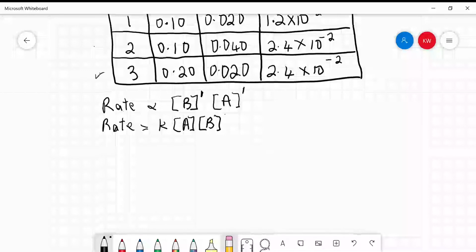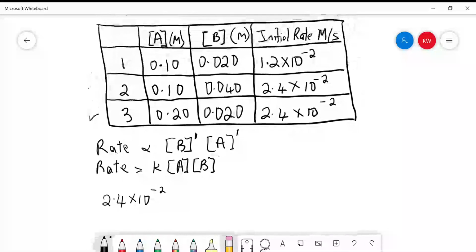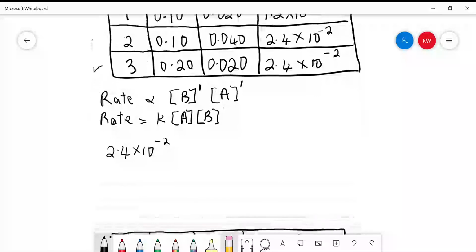So we can tell that from this, the rate, which is 2.4 times 10 to the minus 2, the unit is moles per second, concentration per second. So we have M per second over what the value for A is.